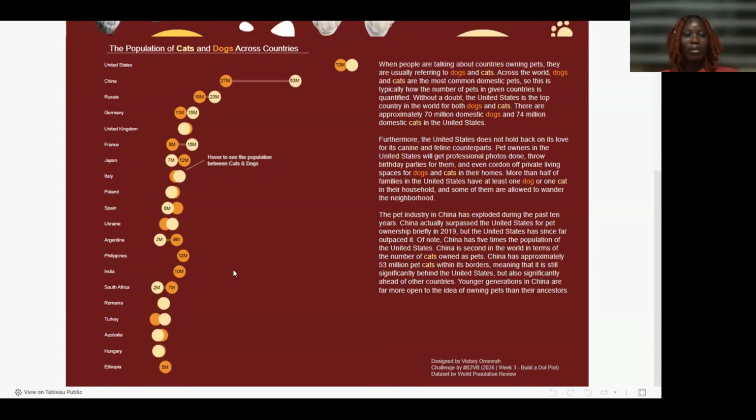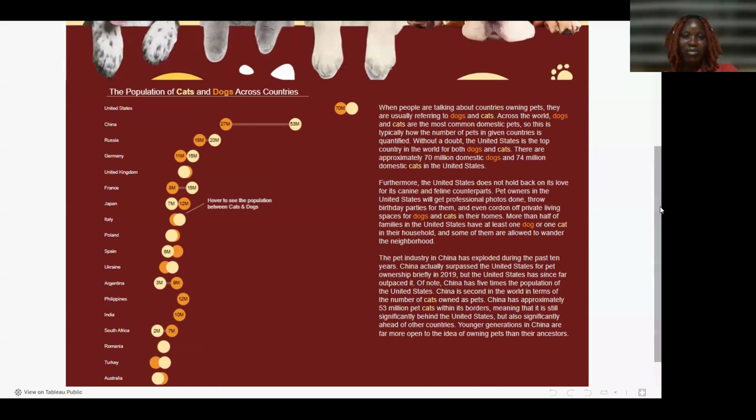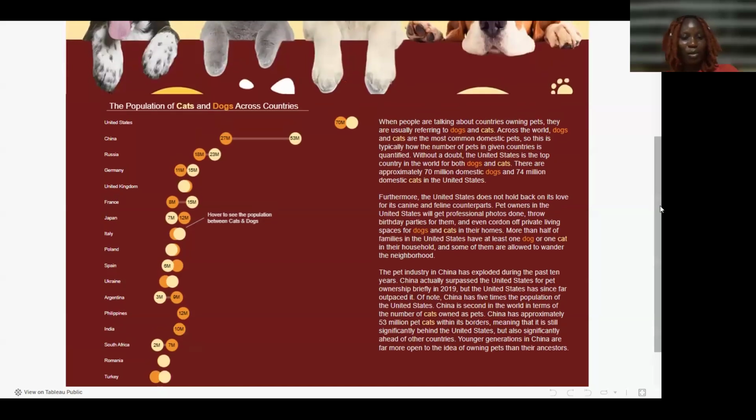Maybe in Asia they tend to have more dogs, like the Philippines and India, while those in Europe and the United States tend to have more cats than dogs.